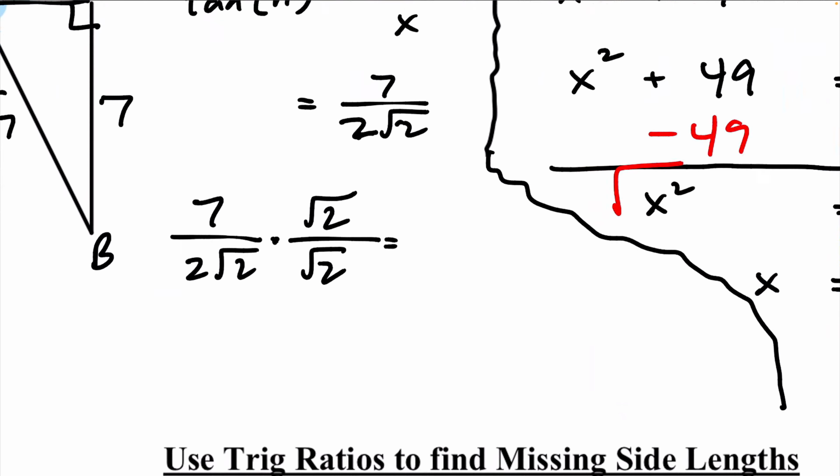We don't want to ask our calculators these questions because if you put this in your calculator, it'll give you a decimal. We don't want a decimal. So 7 times 2, can I multiply that to make 14? No, because 1 is inside, 1 is not. So you get 7 root 2.